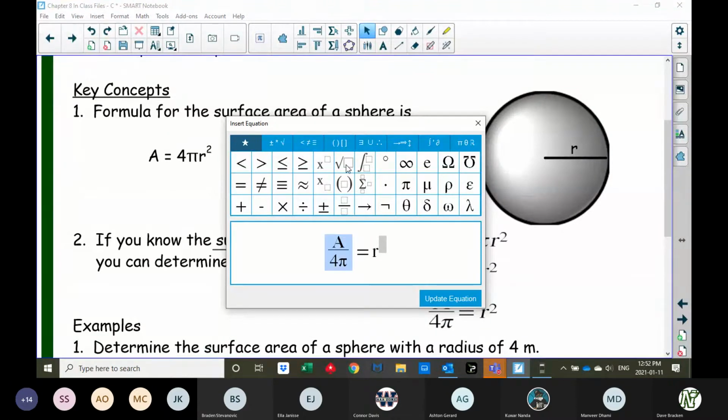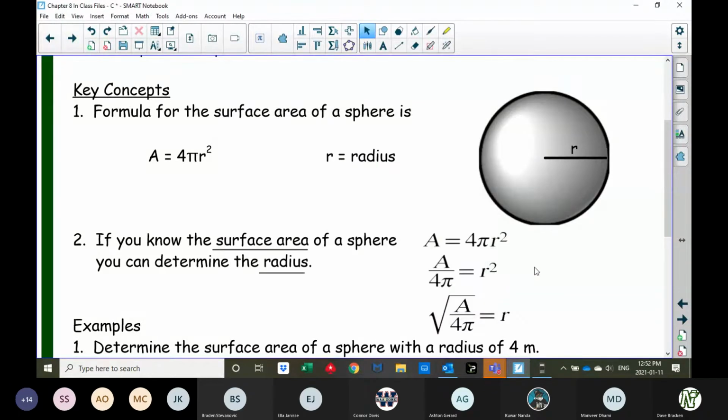So I'm going to put a square root sign, hopefully right there. And there is the little formula where if somebody gives you the surface area and asks, what's the radius? You just take your surface area divided by 4 pi, and then take your square root.